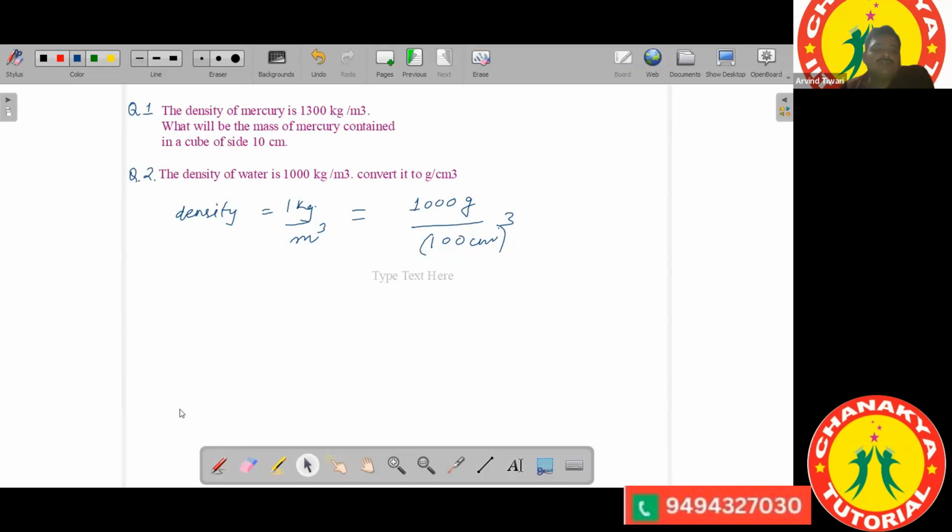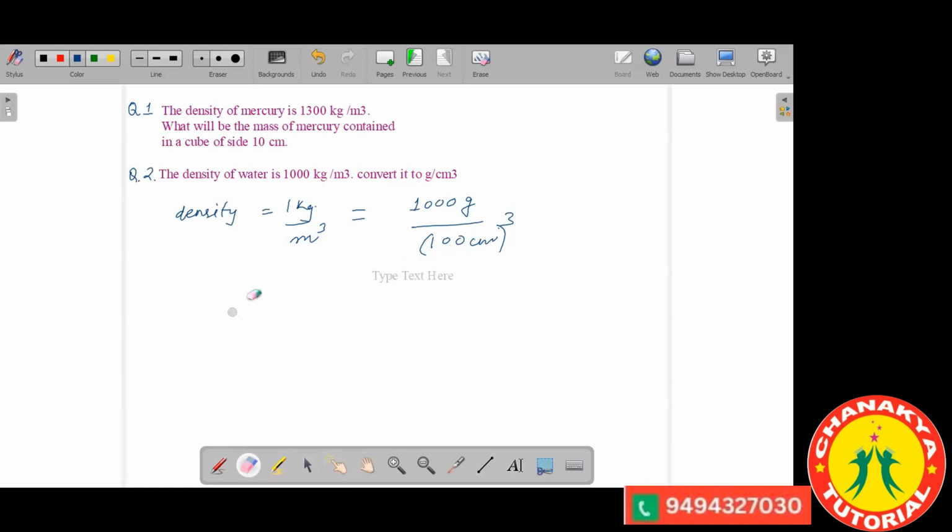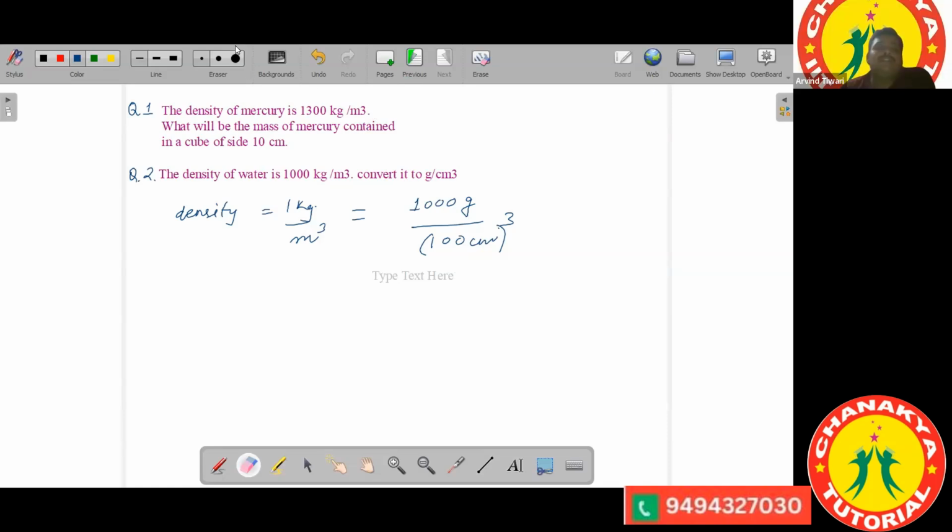Okay. So solve this question now, taking the density of water as 1000 kilogram per meter cube. Convert it to the CGS unit.